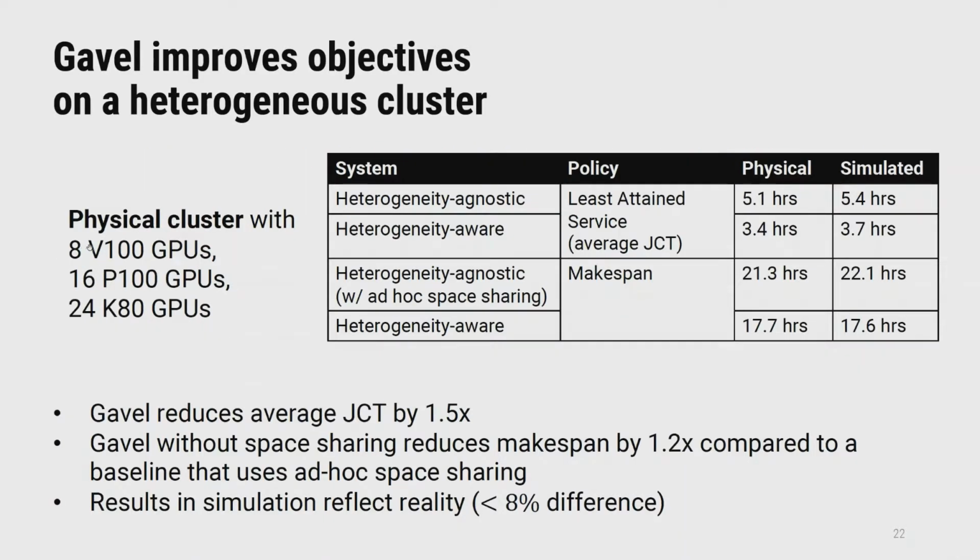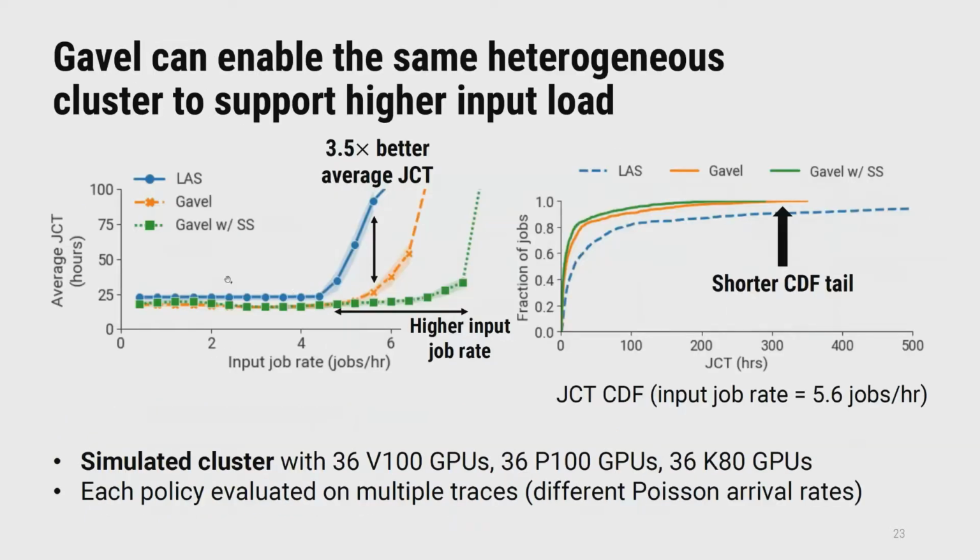They use particularly the old GPU and the good GPU, the V100. There are 8 of them, but the majority are K80, the old, slower GPU. And then when they do LAS, this is the performance given the different job input rates. So every hour, 4 or 6 new jobs come in.